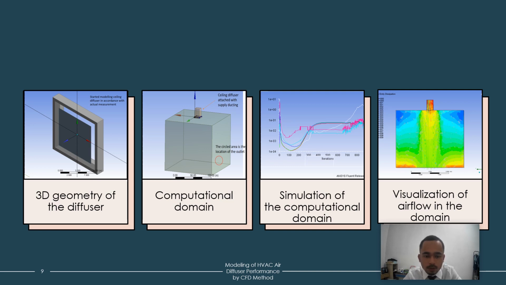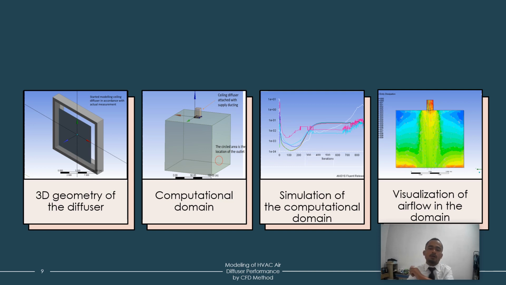This model has been generated using the ANSYS design modeler. And then moving on to the next figure is the computational domain representing the room. So by creating this computational domain, it ensures that the air only flow from the diffuser and into the domain itself.